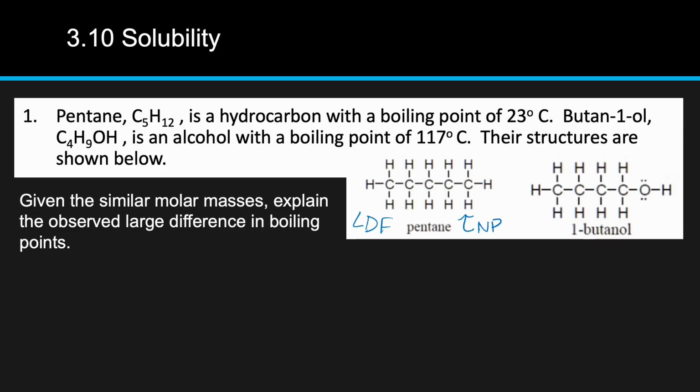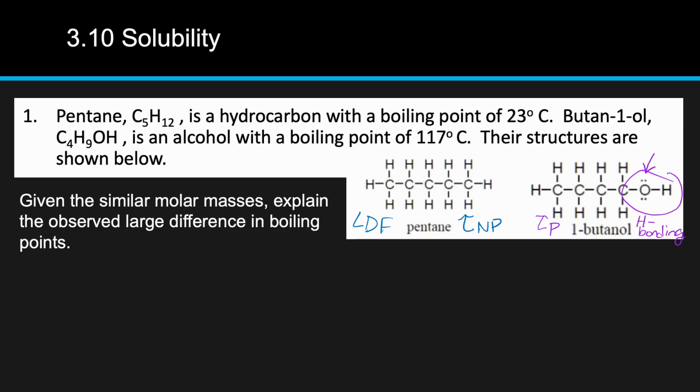Then with butanol, butanol has a hydroxyl group on the end of it. And this hydroxyl group has a hydrogen attached to an oxygen, and it also has an oxygen with lone pairs on it, which means this molecule can partake in hydrogen bonding. So butanol is going to be a polar molecule, and it can participate in hydrogen bonding.